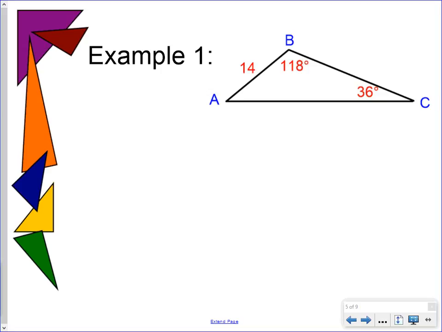Okay, so you need to think about the things that are labeled on the triangle, so you know A's, B's, or C's. So then I would definitely use this one.